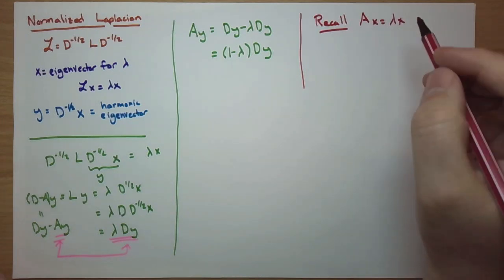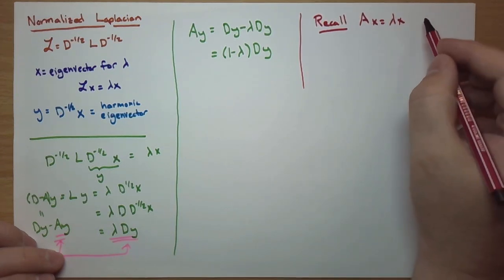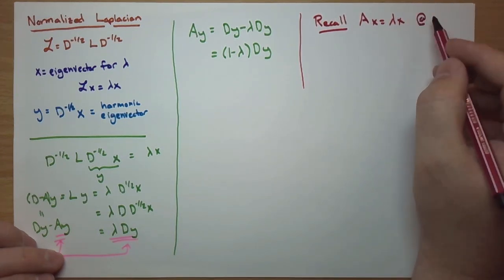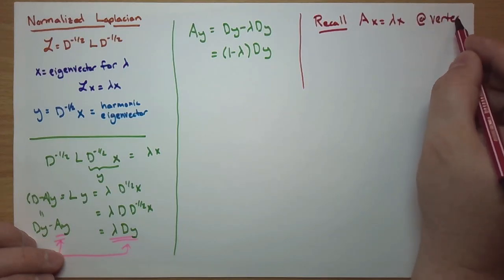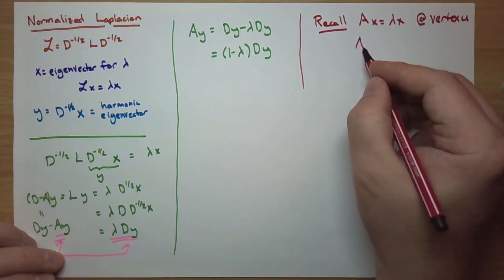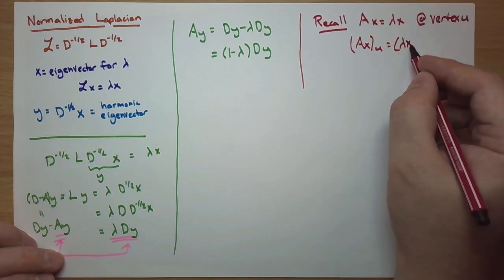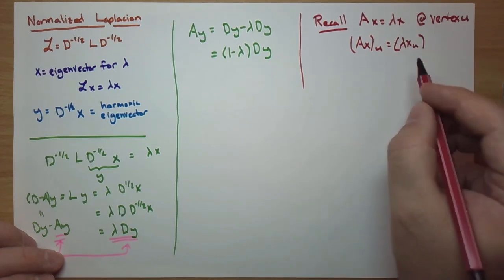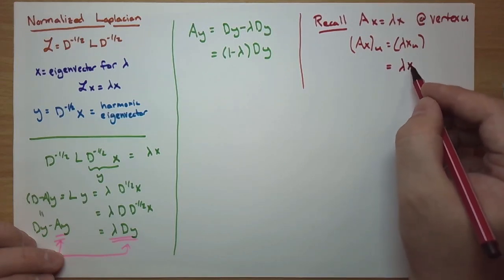The key was to look at the u-th vertex. So we take this relationship, Ax equals lambda x, at a vertex, and I'll say it's vertex u. I'm taking Ax at vertex u and setting it equal to lambda x at vertex u. On the right-hand side, that's no surprise: that's lambda x at vertex u.